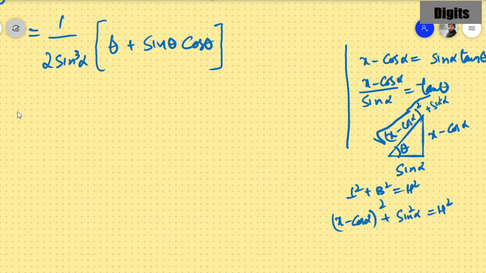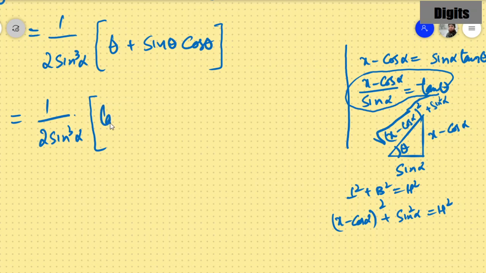Now using these values here, it will be equal to 1 divided by 2 times sin cube alpha, and this will be equal to theta. From this, x minus cos alpha divided by sin alpha is equal to tan of theta. It implies theta is equal to tan inverse of x minus cos of alpha divided by sin alpha plus, now the sin theta will be equal to perpendicular divided by hypotenuse.